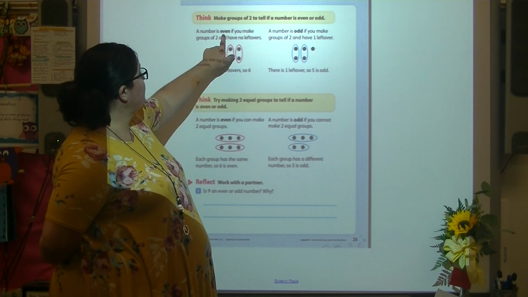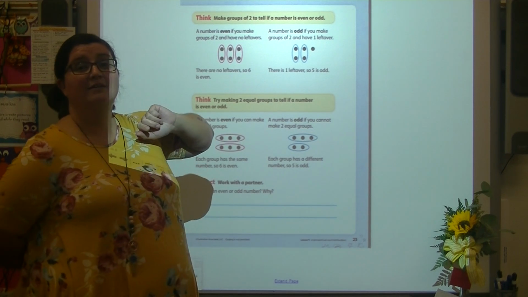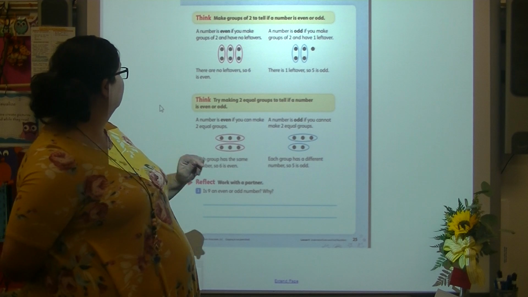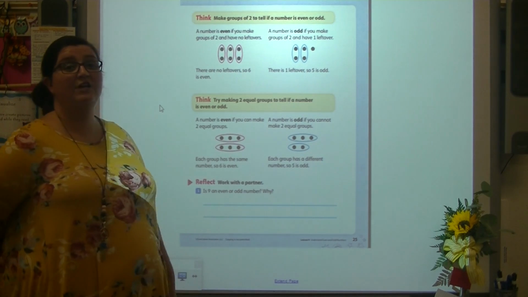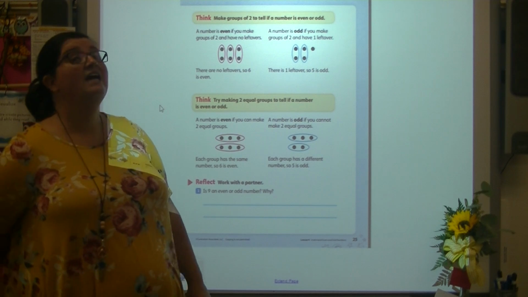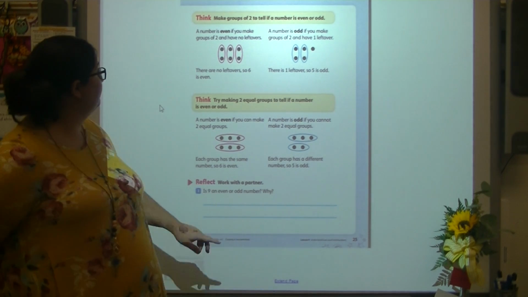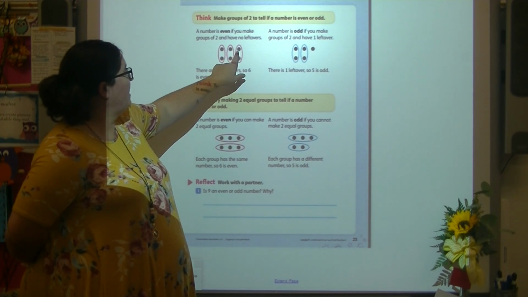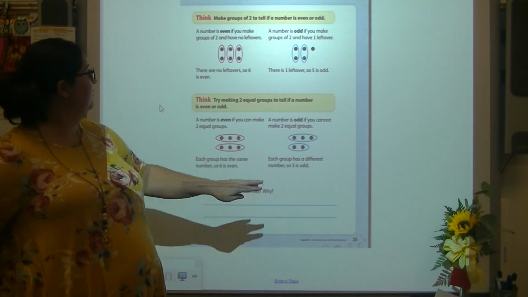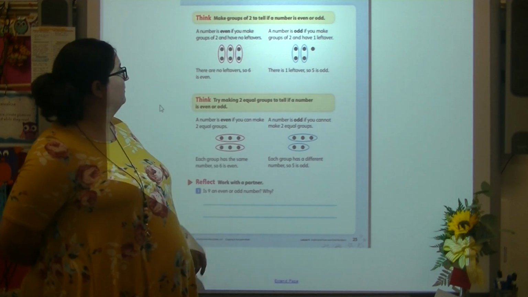No leftovers makes the number what? Even. So this is the number 6. The number 6 is an even number. 1, 2, 3, 4, 5, 6. We have 3 groups of 2.